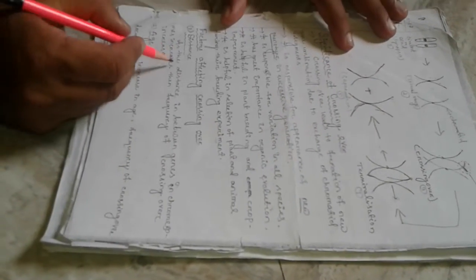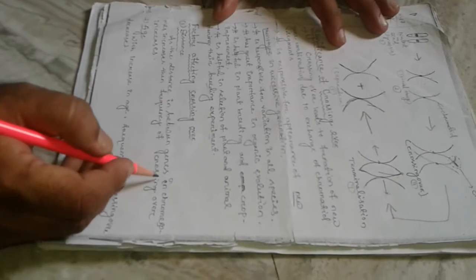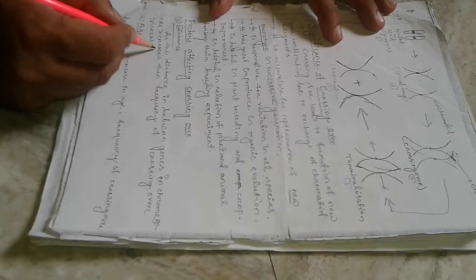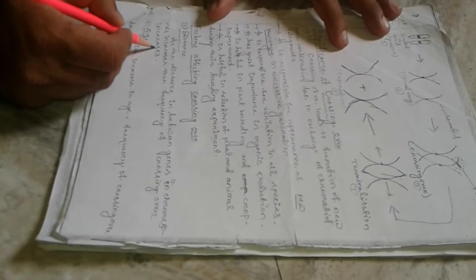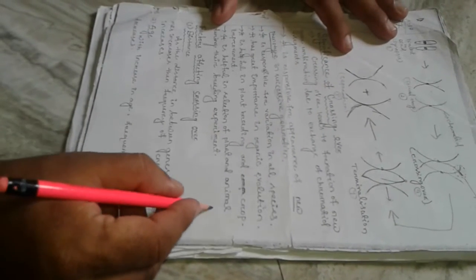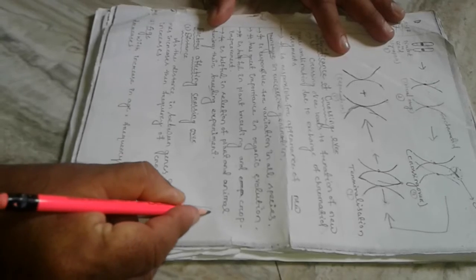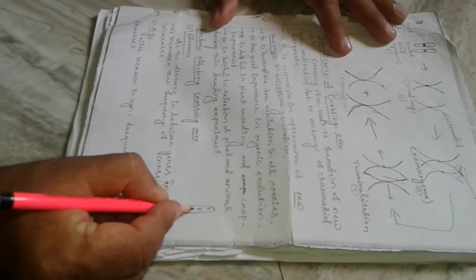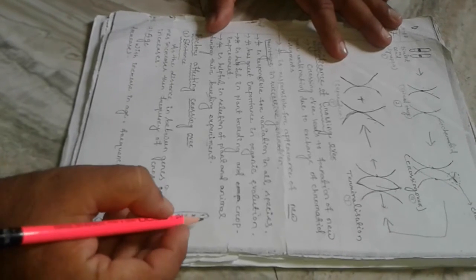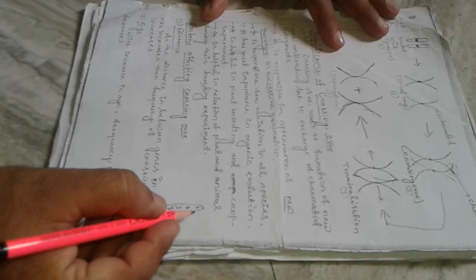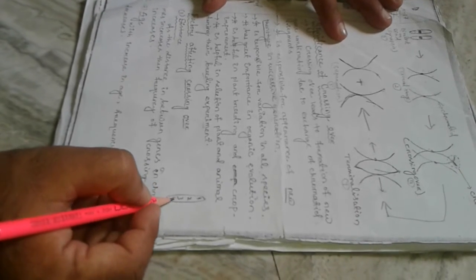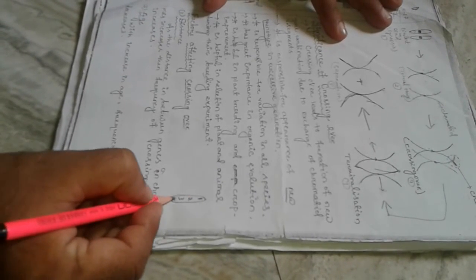Number 1, distance. As the distance between genes in a chromosome increases, the frequency of crossing over increases. I have told you, suppose in a chromosome there are genes 1, 2, 3, 4. Genes 1 and 2 show linkage, but for genes 1 and 4 the linkage strength is less, and the frequency of crossing over will be more between genes 1 and 4.